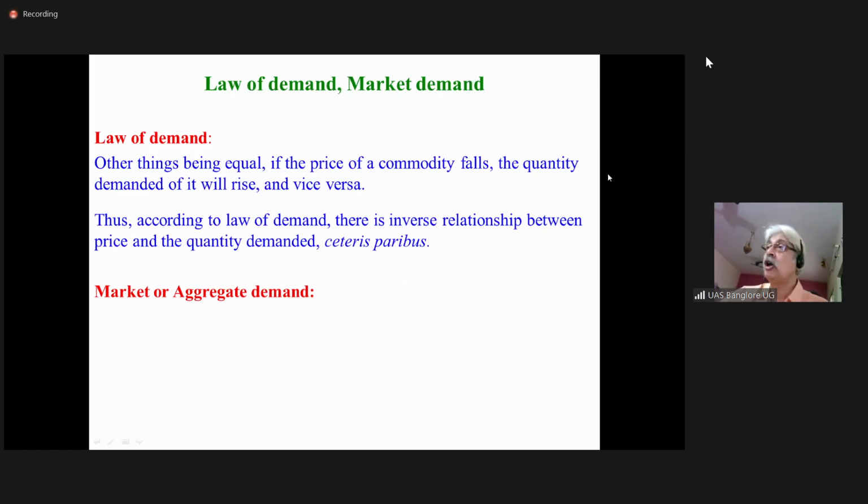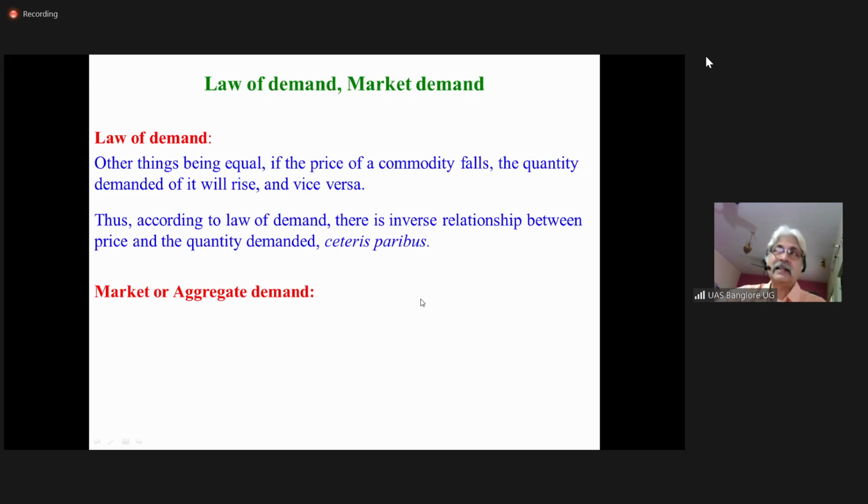It is the horizontal summation of all the demands. Okay. If you write the demand curves of all the 5 consumers in the market side by side, and if you take the horizontal summation of all the demand curves, then it becomes the market demand or the aggregate demand.